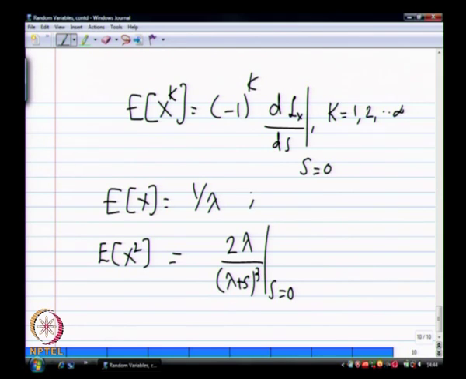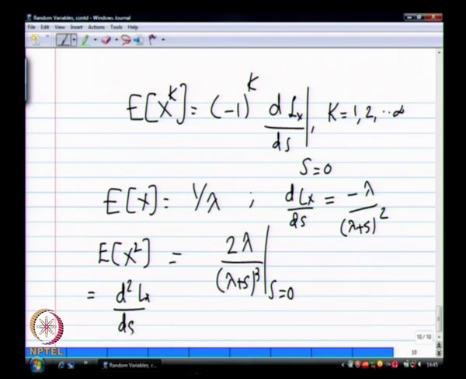We had figured out that dL by ds was minus lambda by lambda plus s whole squared. This is just your second derivative, and that is 2 by lambda squared.